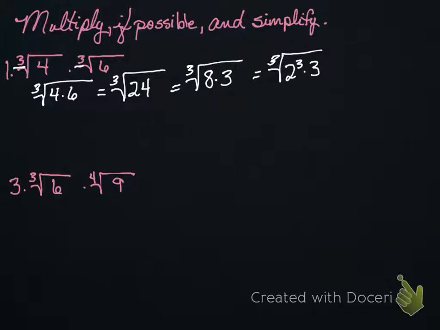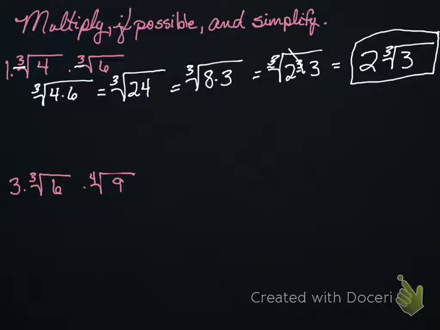Now, we know that once I have an exponent and an index that are the same number, I can cancel those out. So that means I'm going to bring that 2 out from underneath my radical, and I have the cube root of 3 left over.